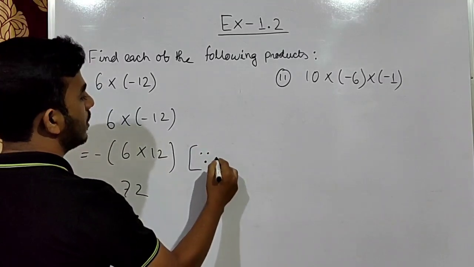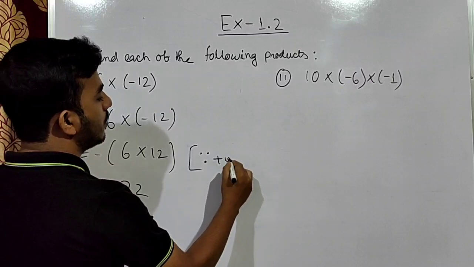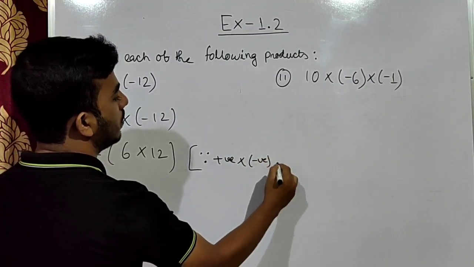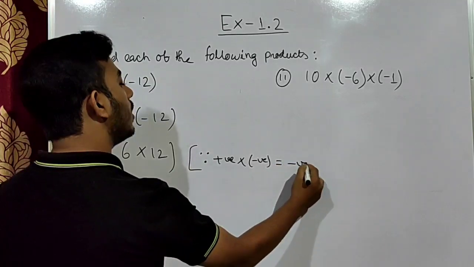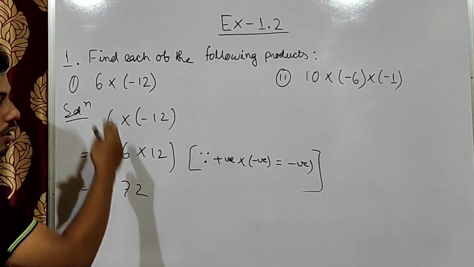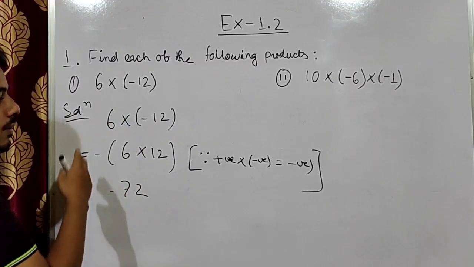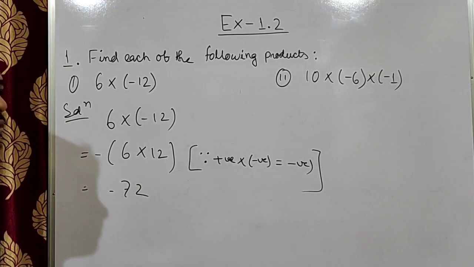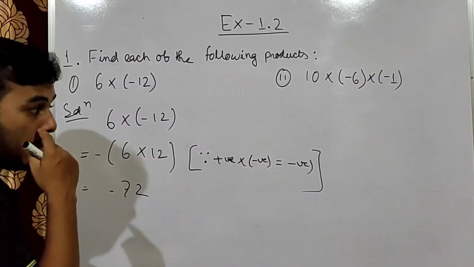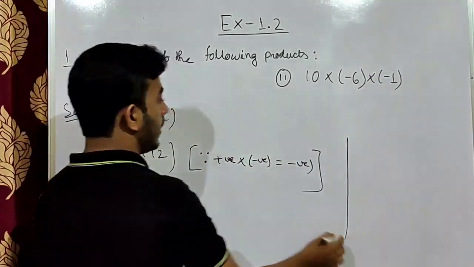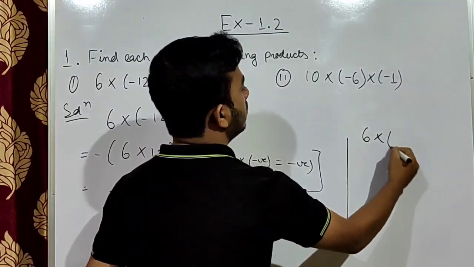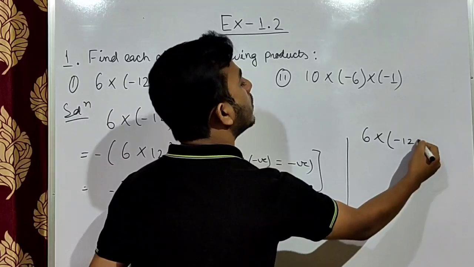We put the minus sign, and here we write, since positive into negative equals negative. This is one process of how we can solve. Now another process is direct. We can directly write minus 72. Let me write 6 into minus 12.